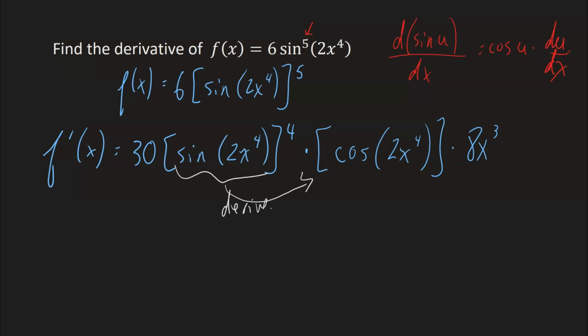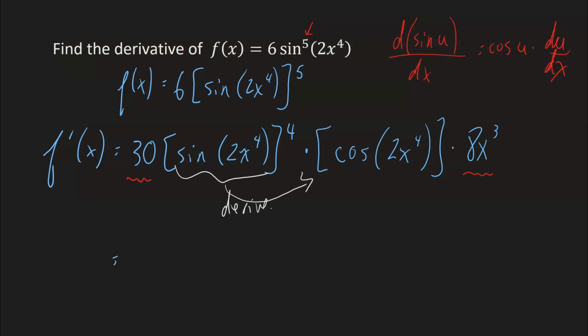Very much like the previous one. So think about the parts that we can multiply together to form the coefficient. That is going to be the 30 times the 8x cubed.